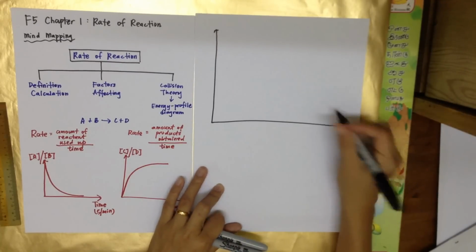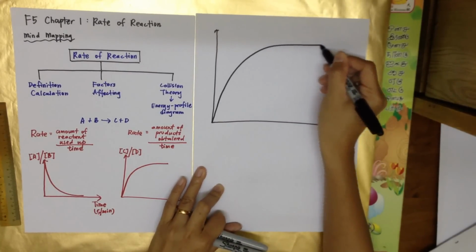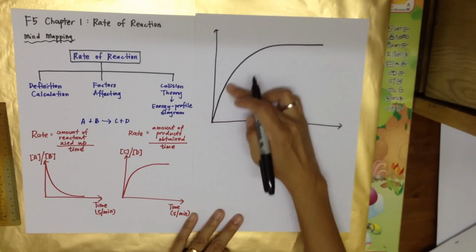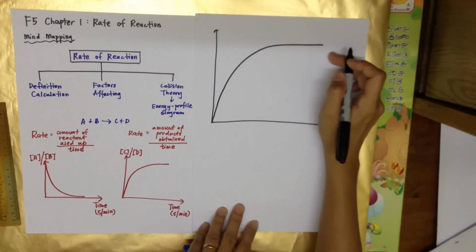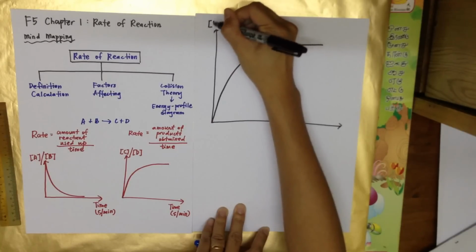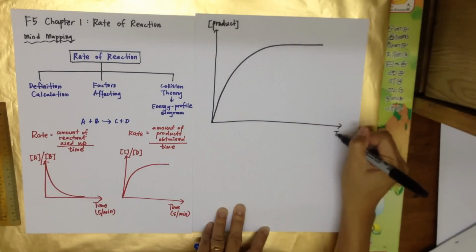For example, we have a curvature of graph in this way. What we know from here is this is an increasing curvature. That means this will be a graph of the concentration of product versus time.